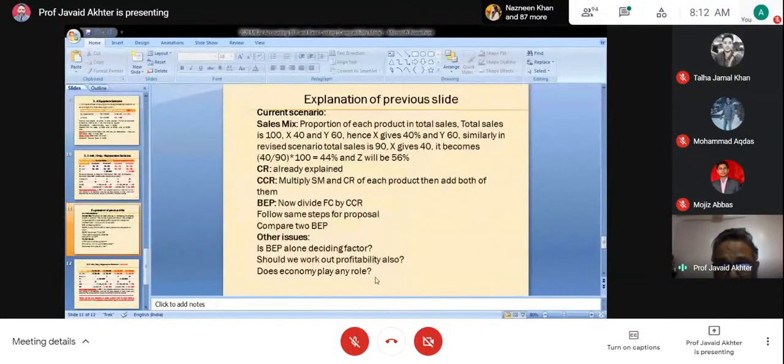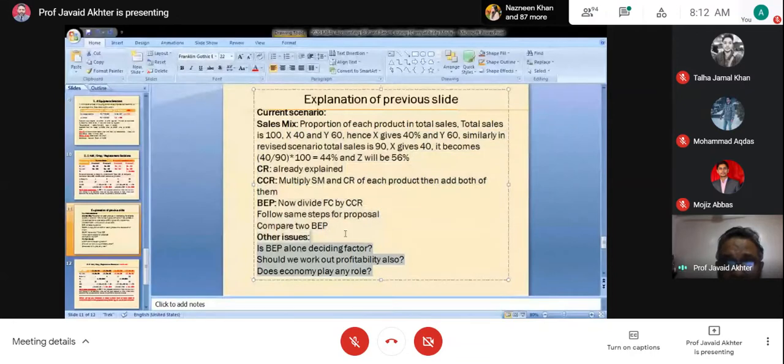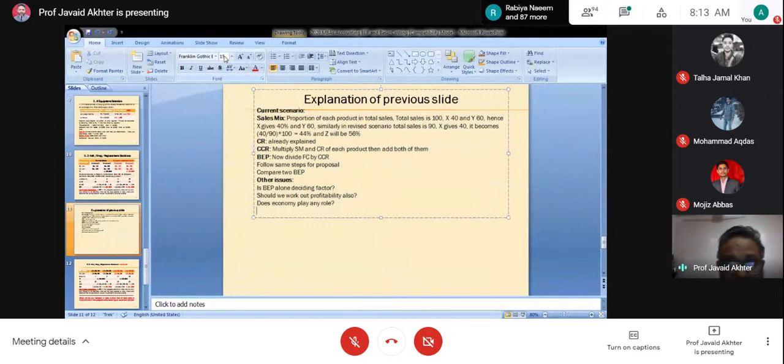If I write here the steps, let me just minimize it, make it smaller. What are the steps? Steps of verification. Total cost is equal to total revenue. This is how you verify.